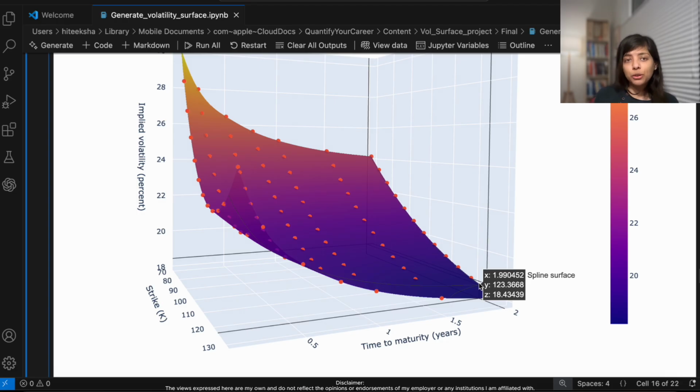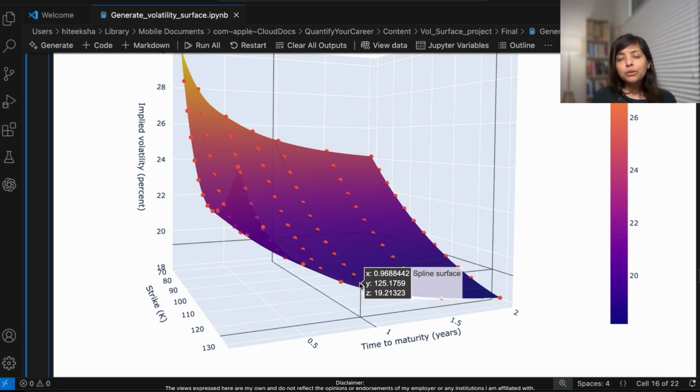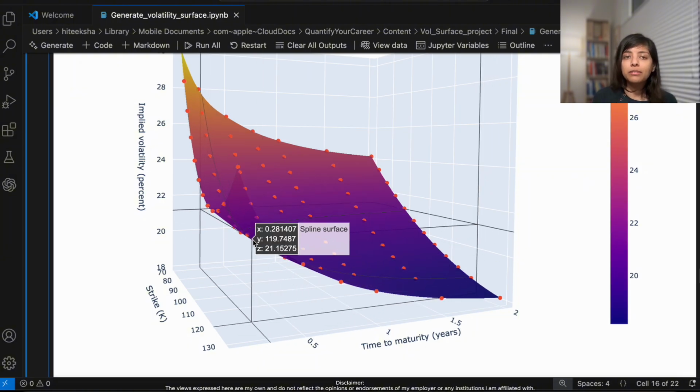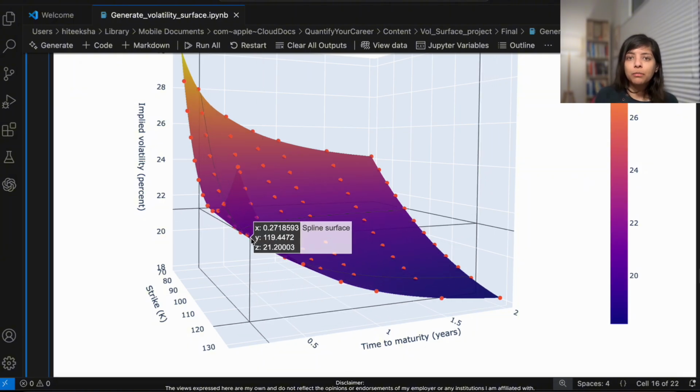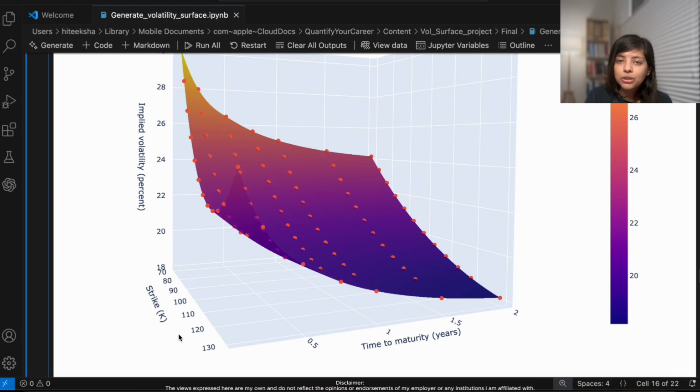So, if you're selling a 3 month option every month, you need to know how implied volatility behaves at that 3 month maturity over time. And the surface helps you understand that. So, the volatility surface is not just an academic exercise or a project, it's also a tool that lets you price consistently, manage risk coherently, and understand what the market is actually telling you about uncertainty.